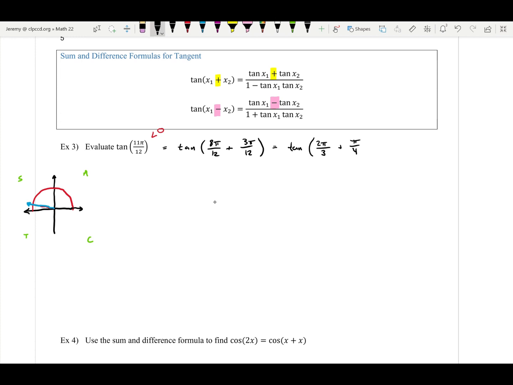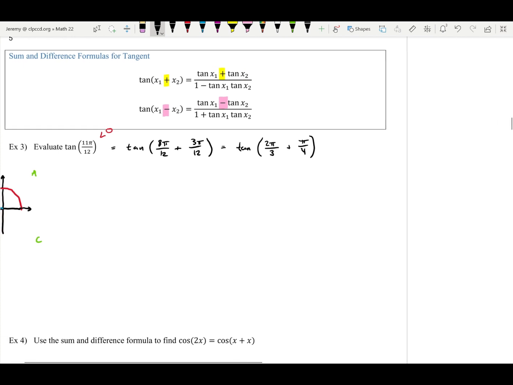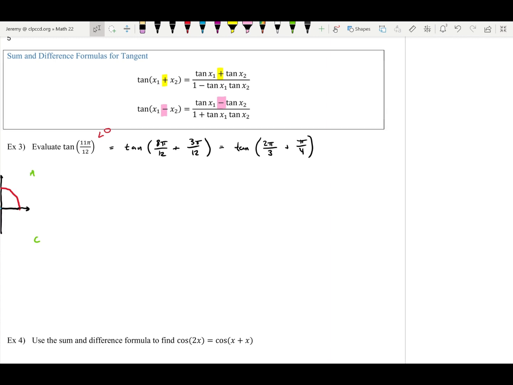I know how to deal with each of those on their own. This is not the only way to do this. If there's another pair of angles that you think would have worked better, you can totally try that out. But I'm going to pursue this, and we're going to apply the sum formula.